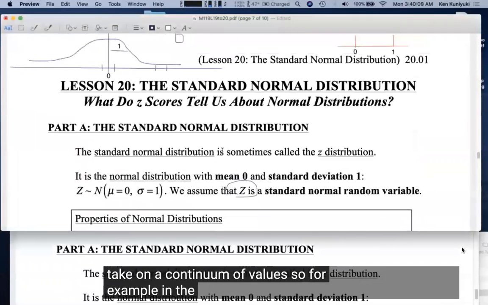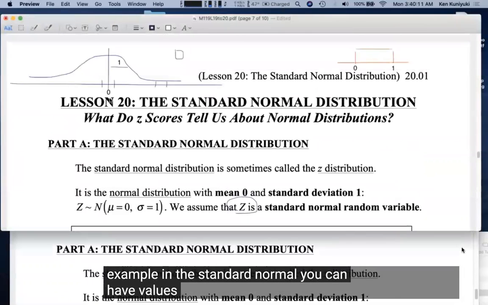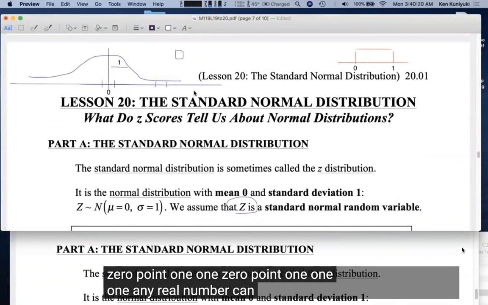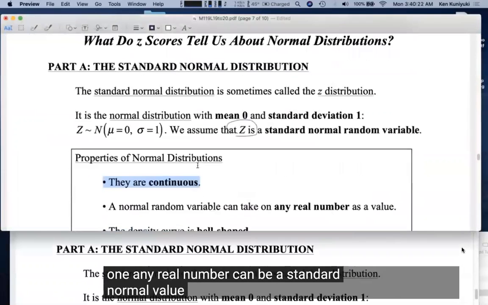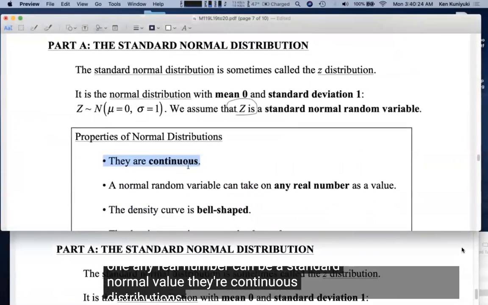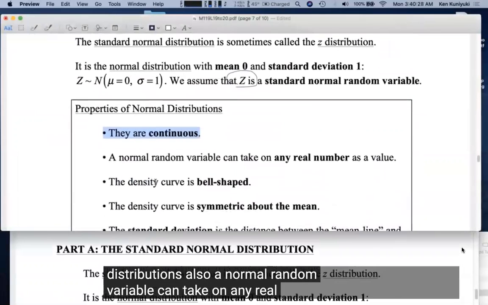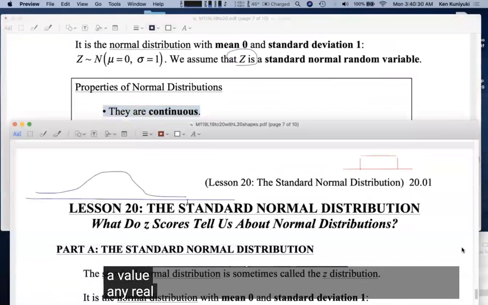So for example, in the standard normal, you can have values of 0, 1, 0.1, 0.11, 0.111. Any real number can be a standard normal value. Also, a normal random variable can take on any real number as a value. Any real number is possible.